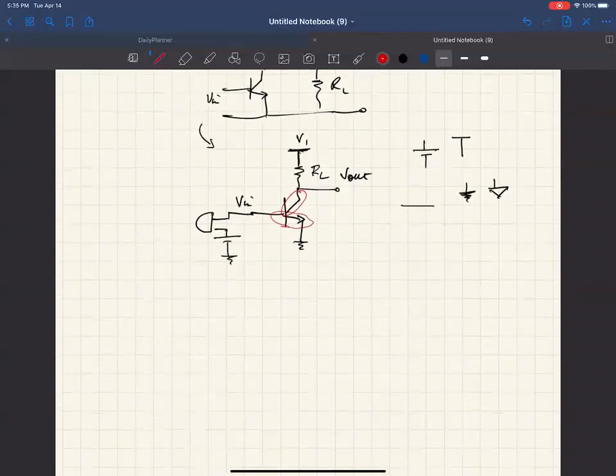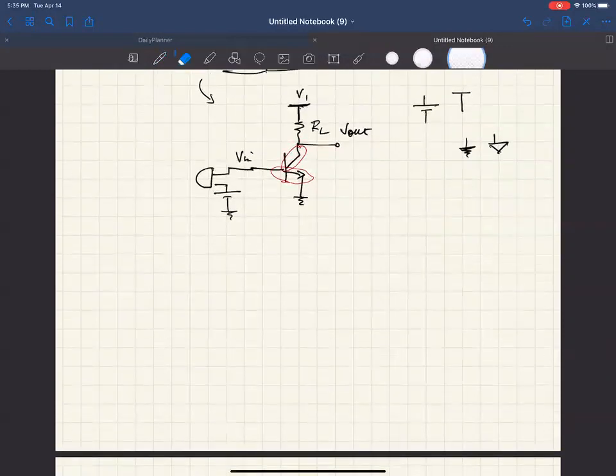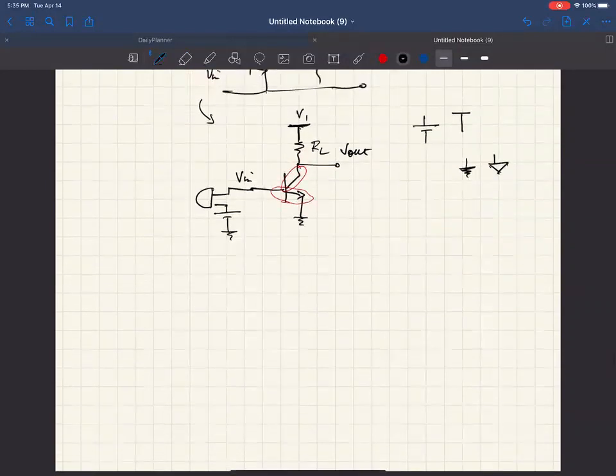Furthermore, we're going to redefine V output. Okay, so let me actually, before I do that, let me just go through all the different definitions we're going to be using. These are just definitions that are typically used in design.